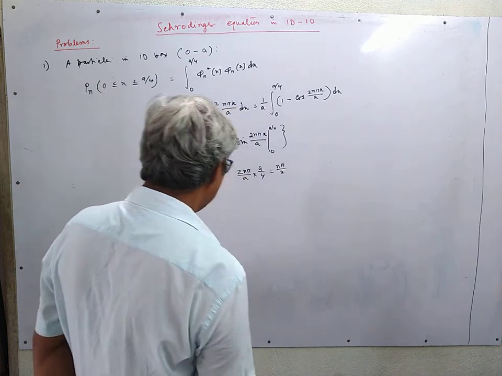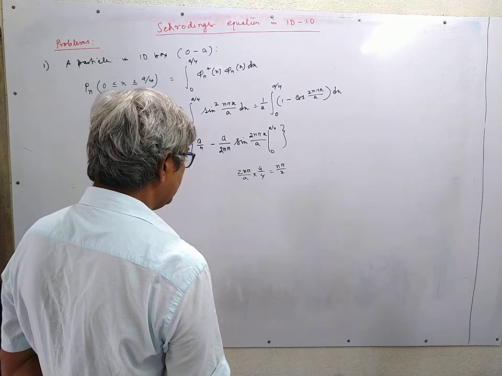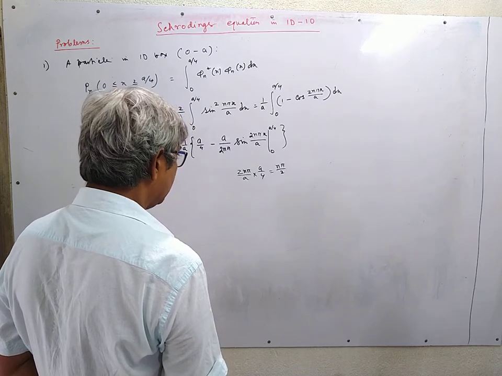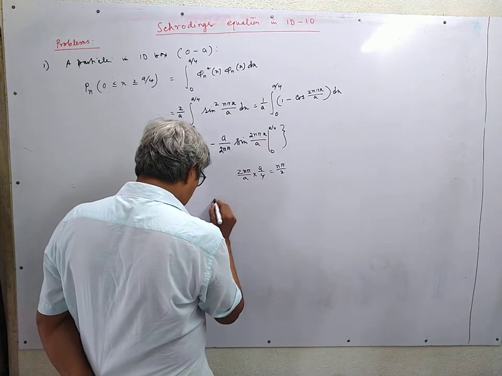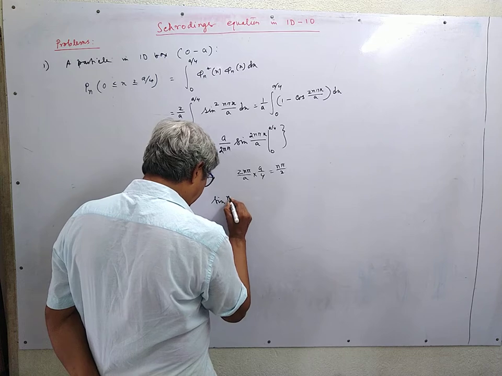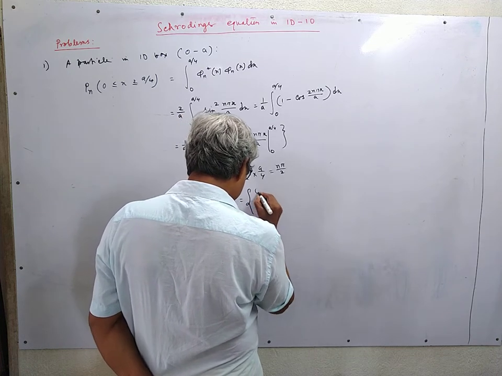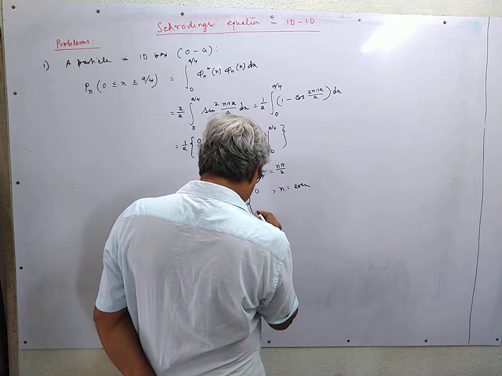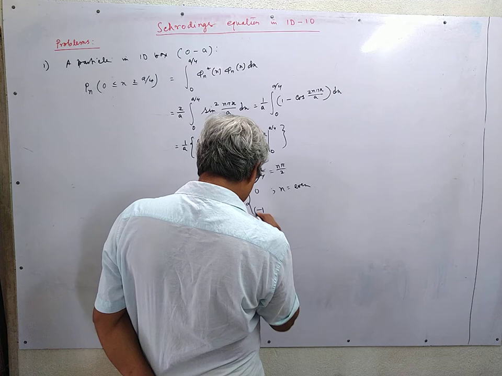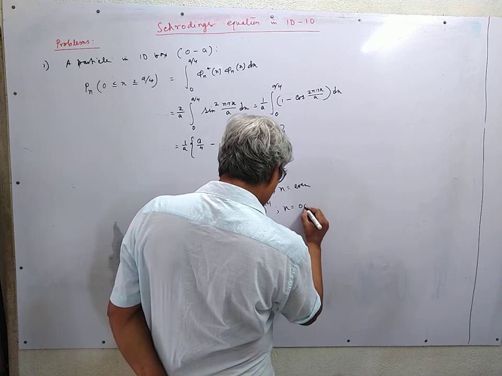Sine of n pi by 2 is equal to 0 when n is even and is equal to minus 1 to the power n plus 1 when n is odd.